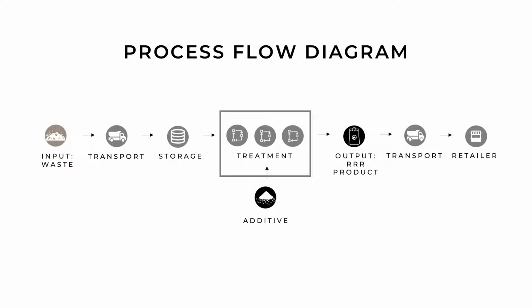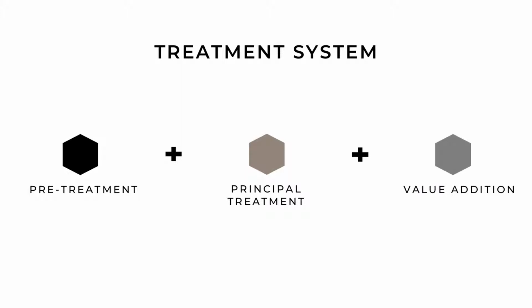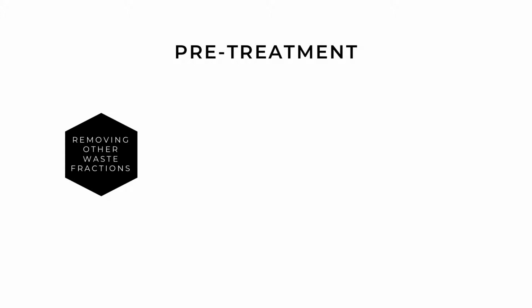Technologies are usually arranged in a treatment system with 3 distinctive steps: pretreatment, principal treatment, and value addition. The aim of pretreatment is to prepare the waste for the principal treatment. This could be done by removing other waste fractions.